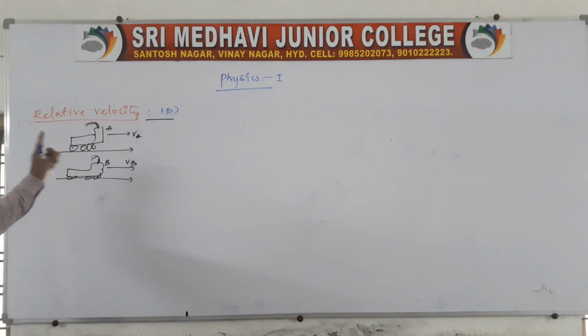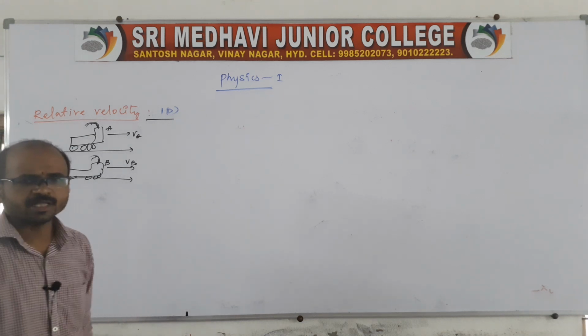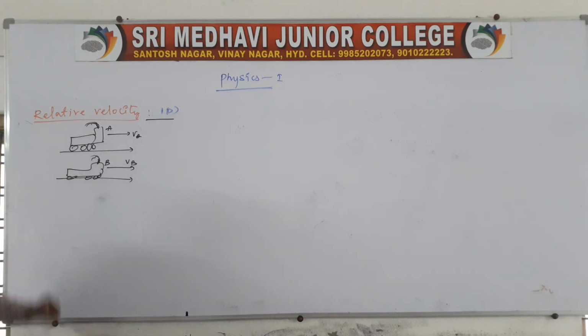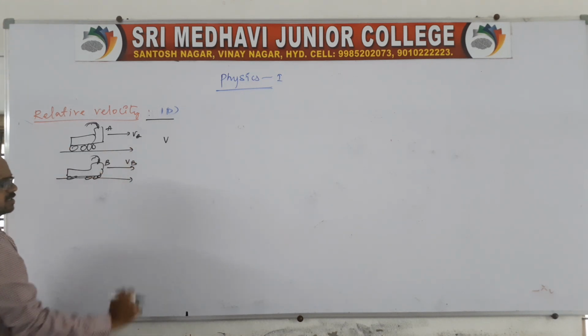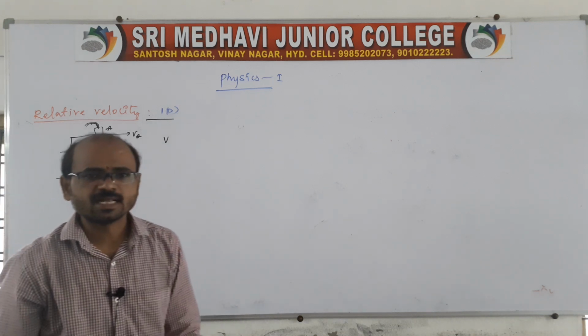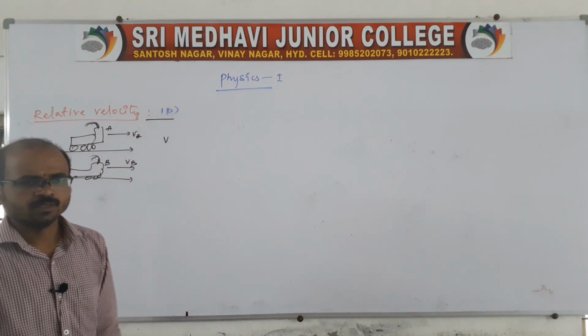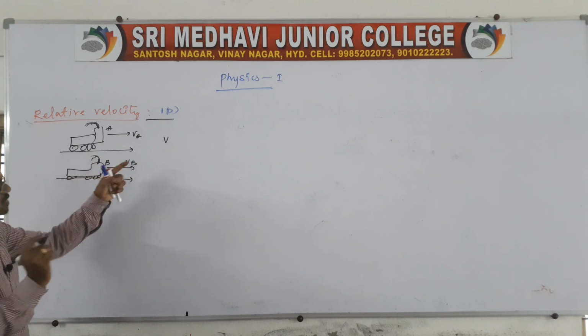So the relative velocity in case of one dimension is nothing but the velocity of one body with respect to the other body. We call this the relative velocity in one dimension, because these two are moving along the same direction.